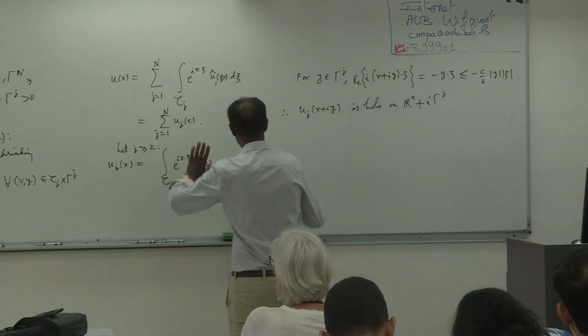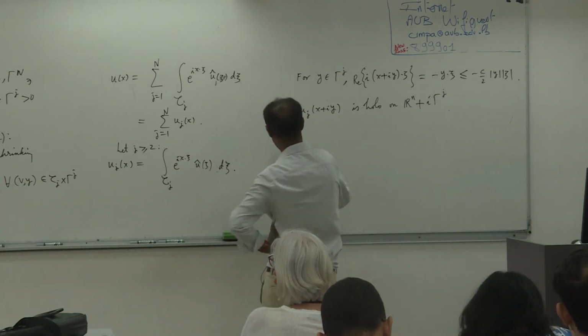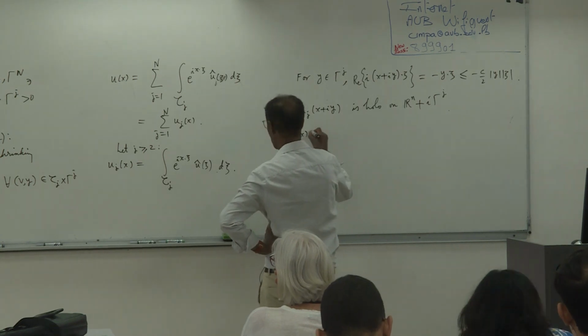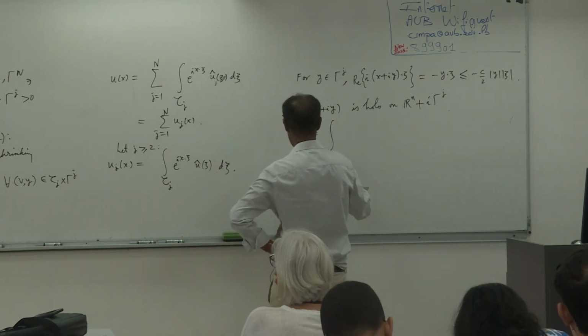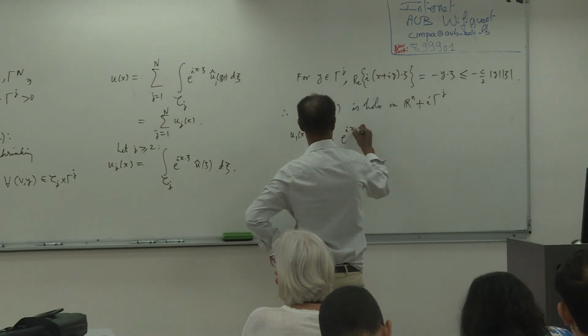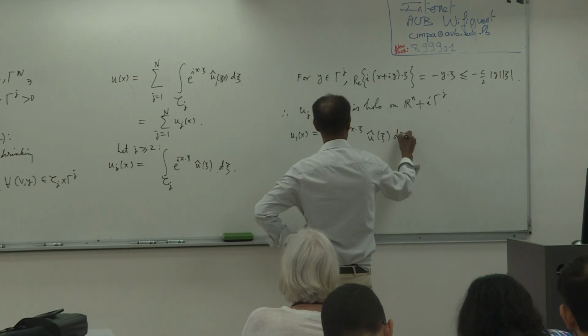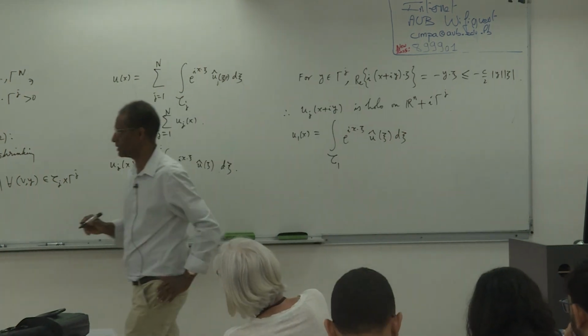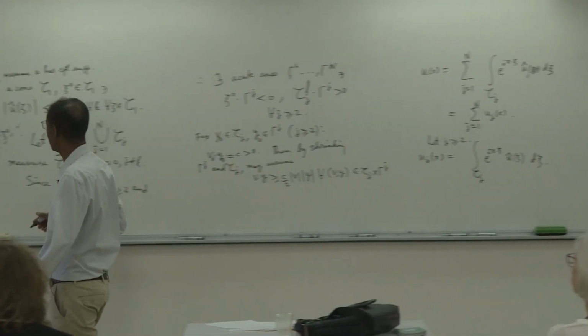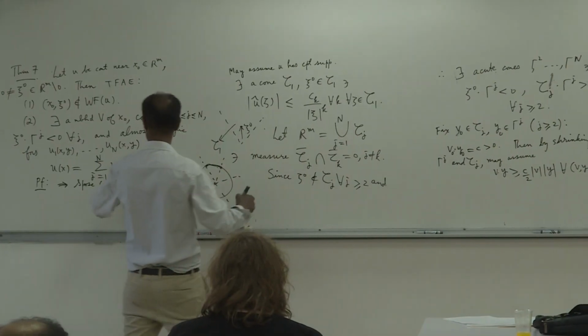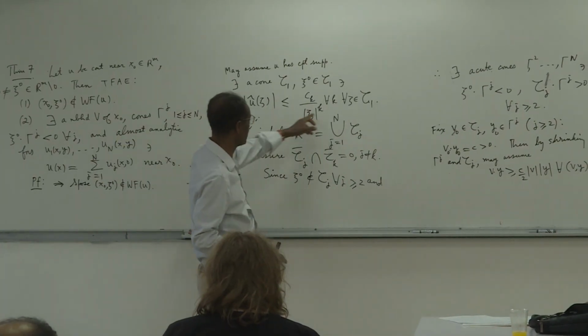So next I have to look at u_1 of x. What is u_1 of x? It is the integral over C_1 of e^{ix·c} u hat of c dc. But here, you see, so far I have not used the hypothesis. The hypothesis was that (x naught, c naught) is not in the wavefront set, which meant this.